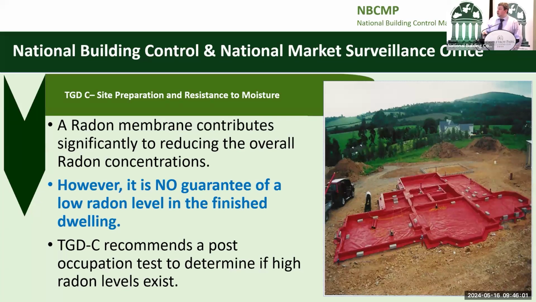So after Part C of the building regulations, the certifier can't sign off on the radon levels. He signed off on the work that he did, but the radon levels need to be tested post-occupation of the dwelling house.